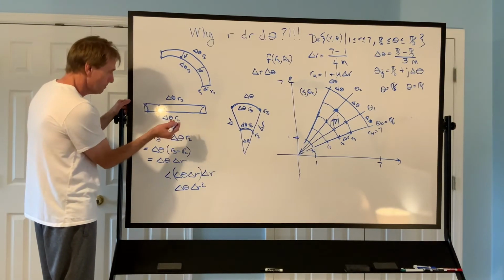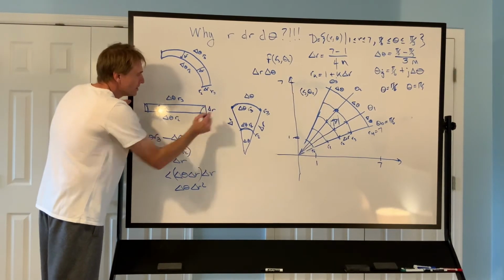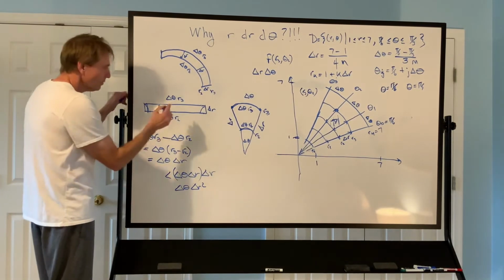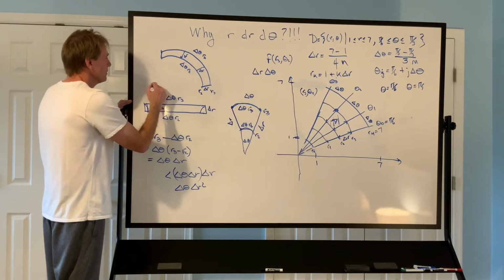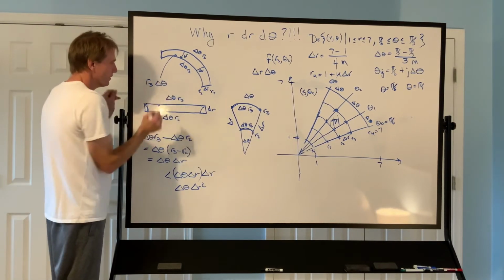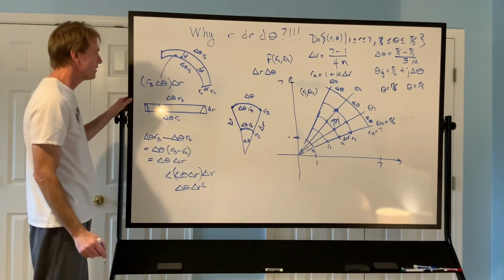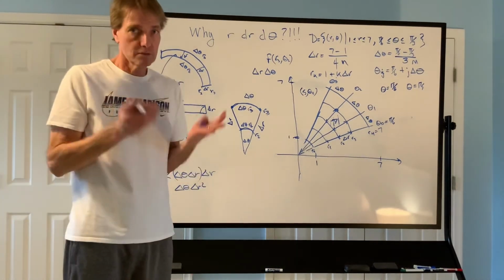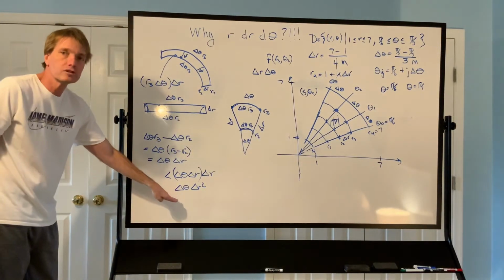But if I think about what this would be, this is a rectangle. Its width is delta r. We're taking the longer side, delta theta r3. So length times width. The area that we could use for our approximation here is r3 delta theta, the length, times the width, times delta r. So we can use this as our approximation to our area. And we know that it's a little bit too big.